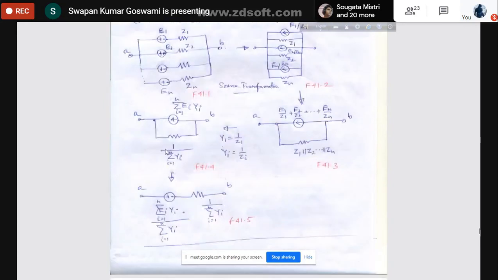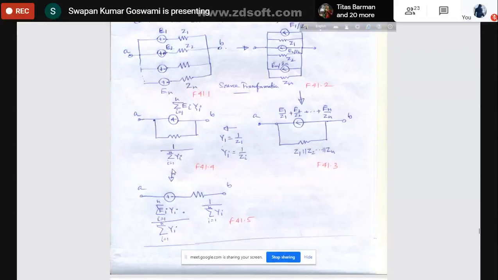Now again you can convert it into a voltage source. This is now in the form of a current source, so convert it into a voltage source. Multiply this current by this impedance to obtain the voltage, and the impedance will be connected in series.